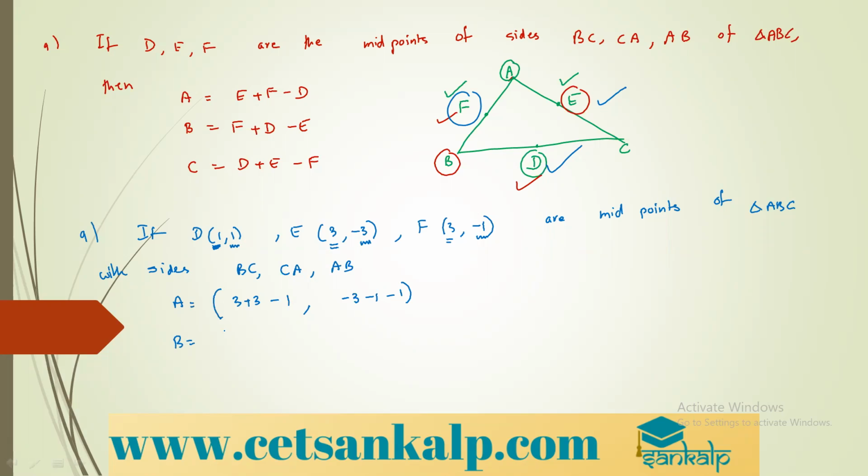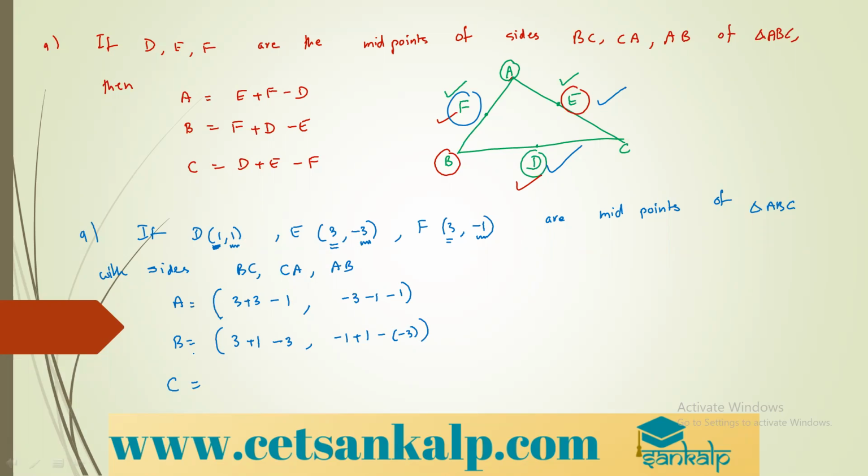Same way, to find B, F plus D minus E: the x coordinate 3 plus 1 minus 3. Y coordinate: F plus D minus E, -1 plus 1 minus (-3).